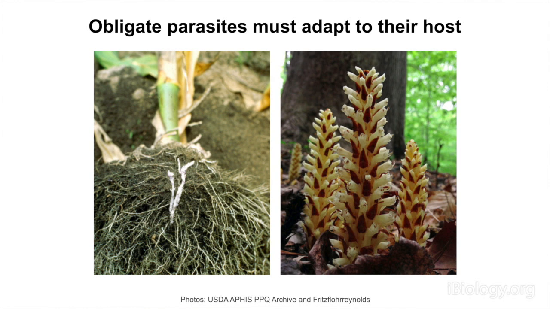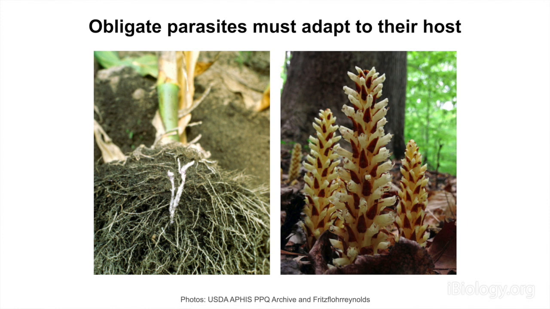So these parasites that are fully reliant upon a host have to adapt to that host, and the host can adapt in response. Now, some obligate parasitic plants, like Striga on the left, use hosts that are typically only around for a short time. So Striga parasitizes corn or maize, and it's usually only around for a single growing season.